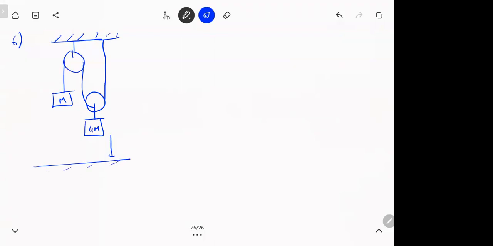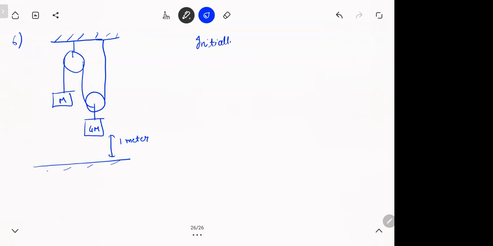So we have a block M, and a block 4M. This is what I was calling A and B till now. And this is 1 meter above the ground. Initially at rest. So initially someone is holding all these blocks.